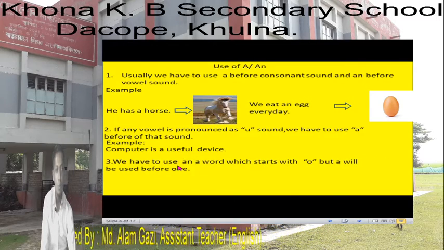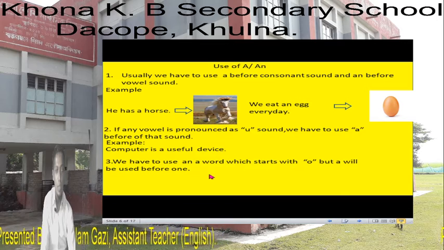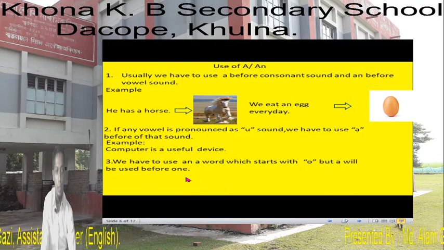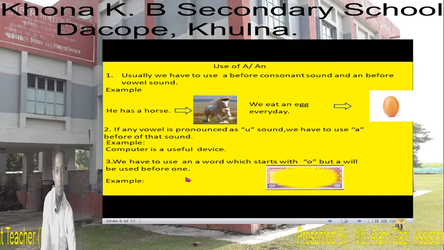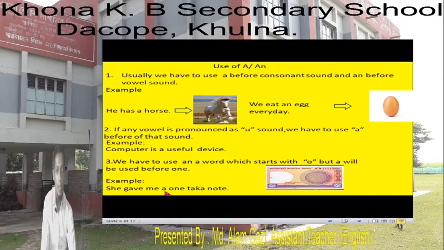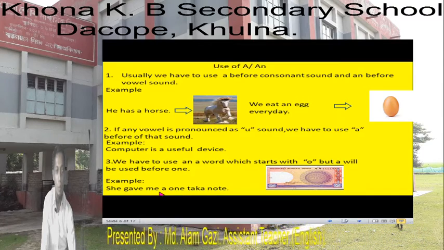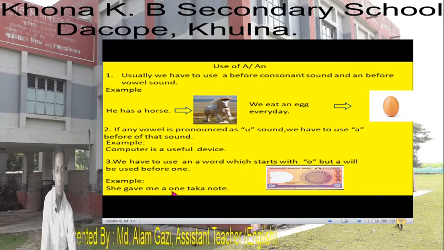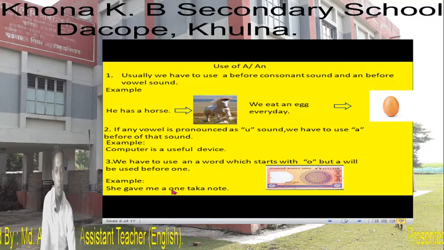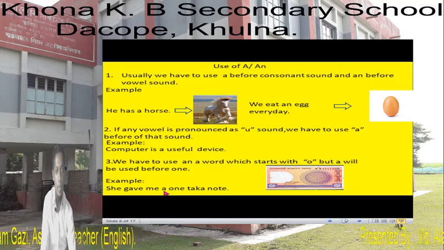We have to use an before a word which starts with o, but a will be used before one. For example, she gave me a 1 taka note. Here we use a before 1, because before 1 we will use a.